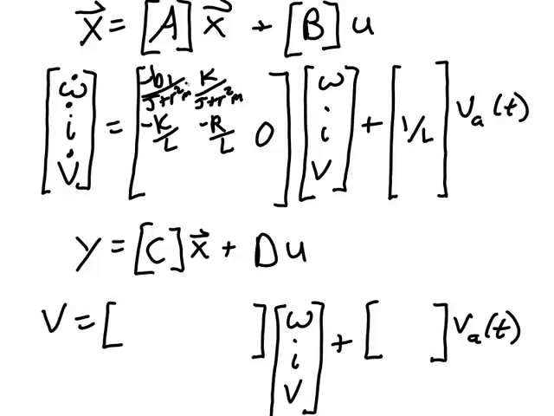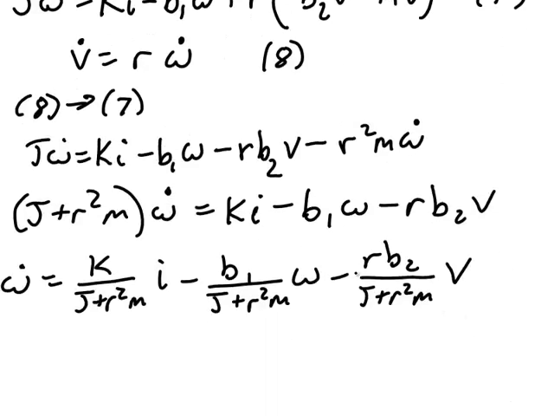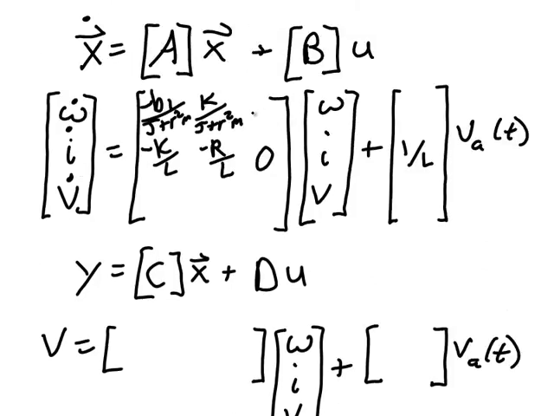And now I need the coefficient in front of v, which is negative r b2 over j plus r squared m. This equation has no coefficient in front of VA, so I'm going to put a 0 there.